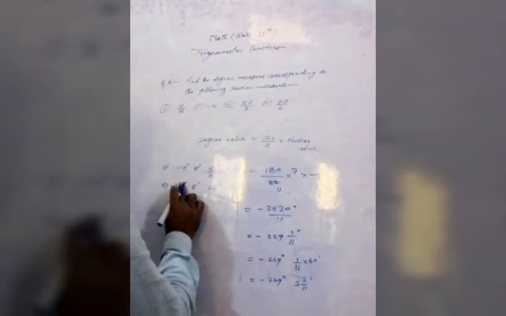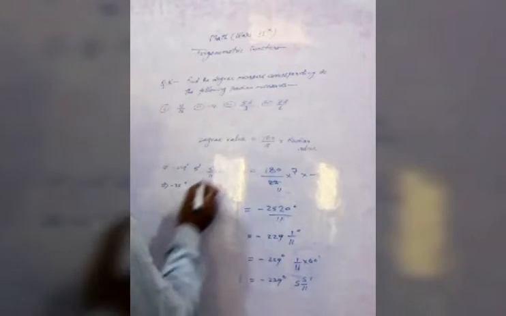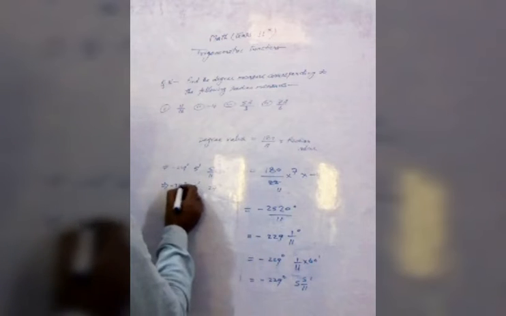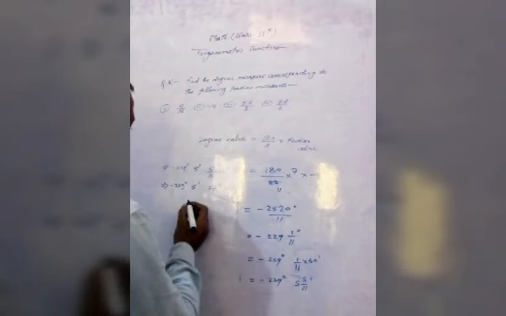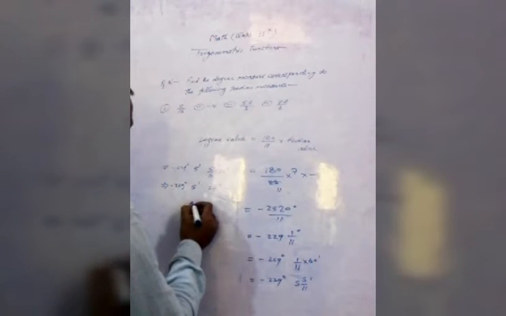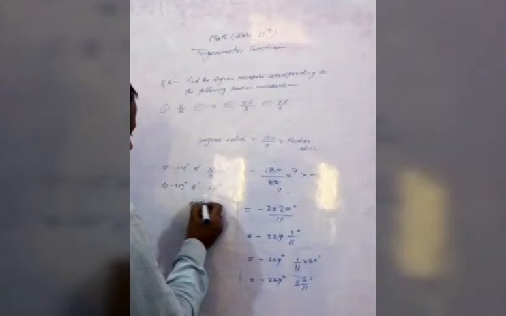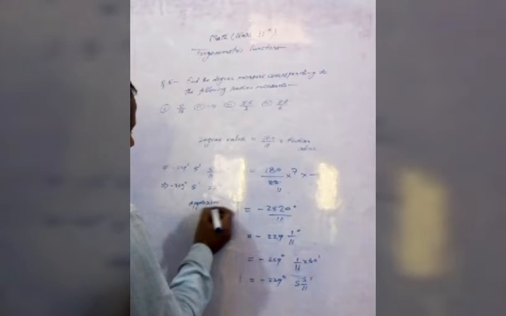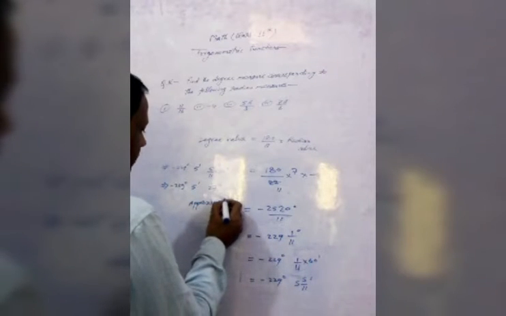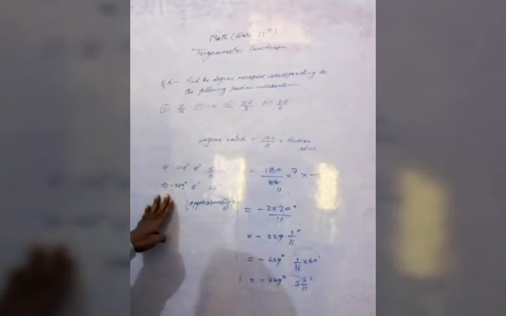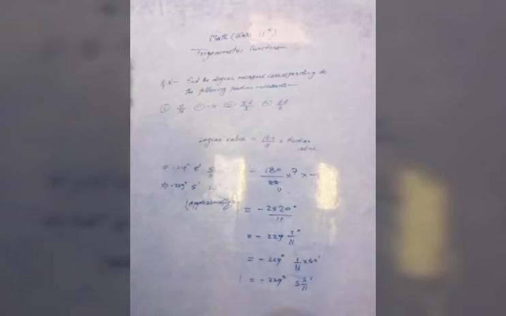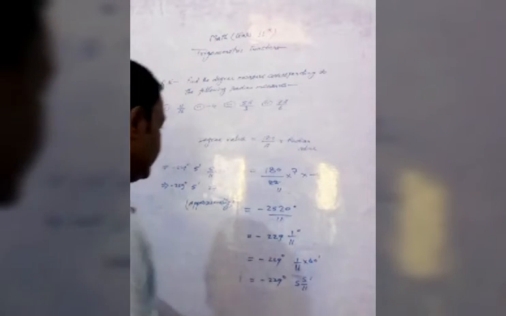This is the approximate value because it's not cancelled completely here. So it's approx value. So this is the value converted of minus 4 radian to degree, that is minus 229 degree 5 minute 27 second.